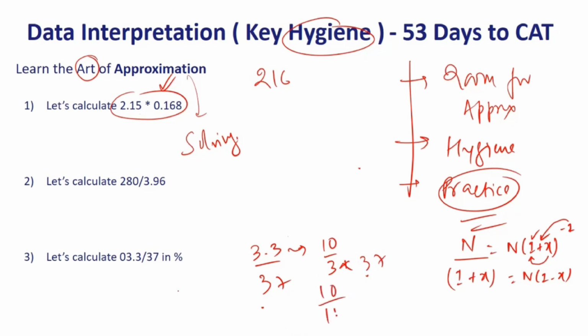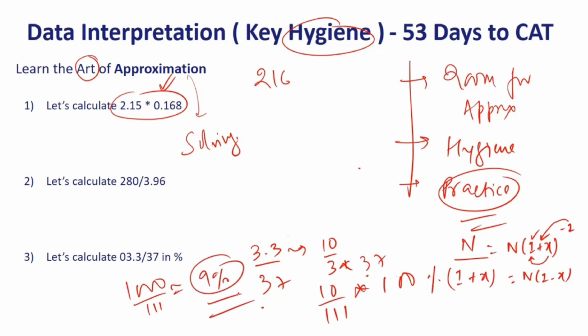So this becomes 10 upon 111. You have to convert it into percentages. So multiply with 100. So this becomes 1000 upon 111, which is approximately 9%. So I hope this is clear to you. As you practice more, you get better at the art and science of approximation.